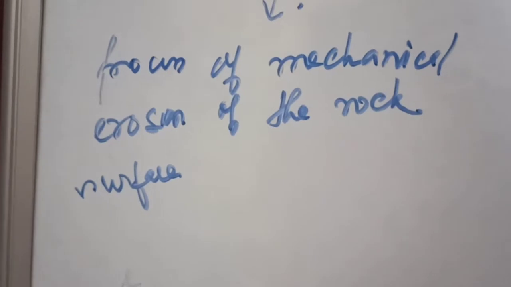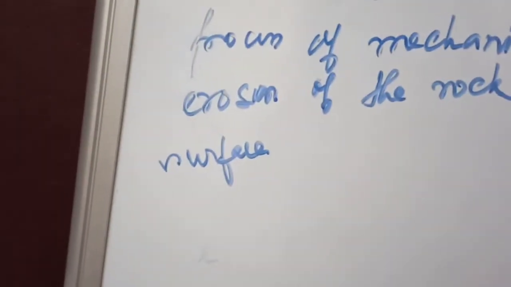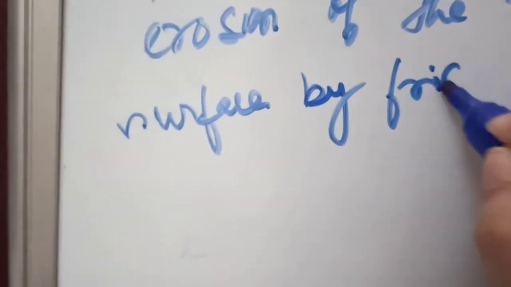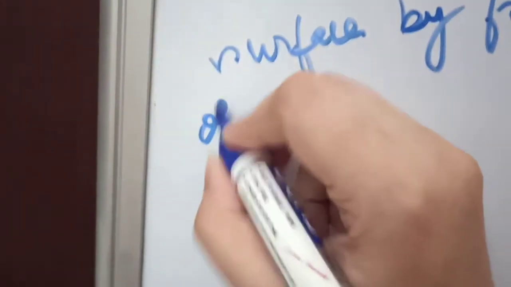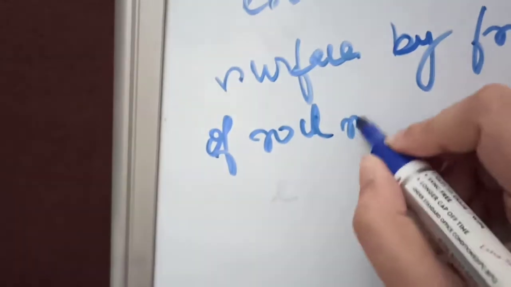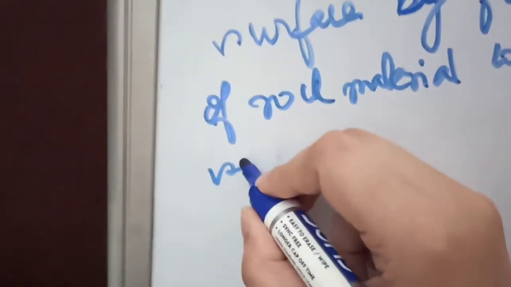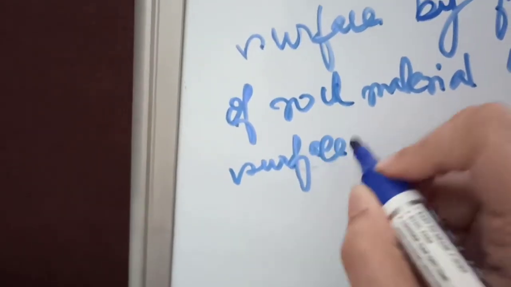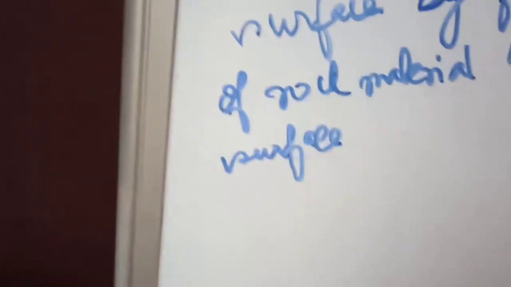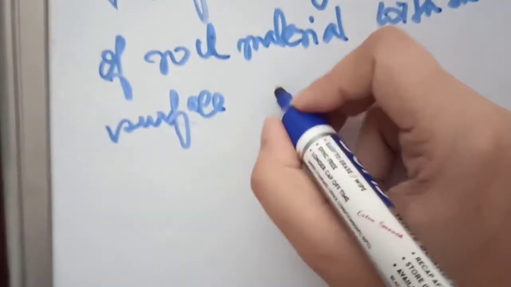The erosion of the rock surface by friction of the rock material with the surface, we generally call mechanical erosion.